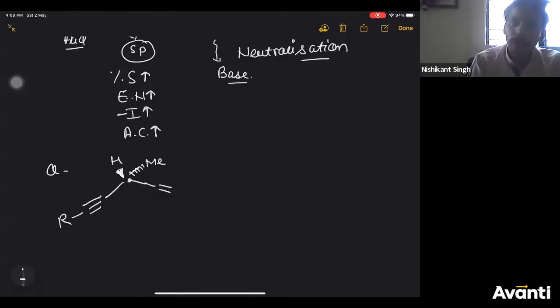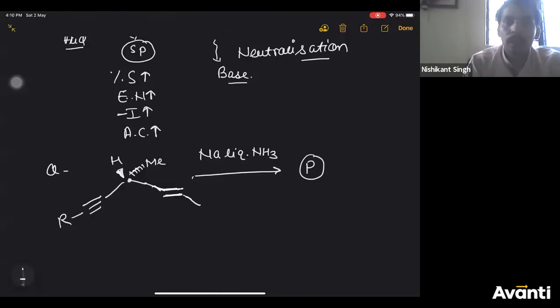And if you treat it with this, let us say it is, yes, this is your molecule. This is given exactly like this. If you treat it with sodium in liquid ammonia, you'll get a product P, right?